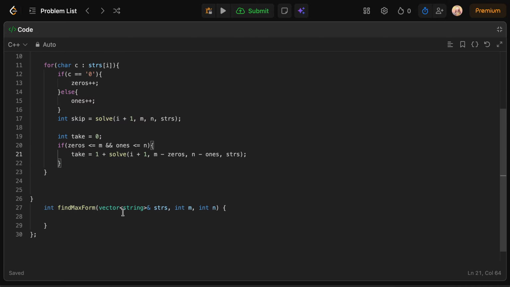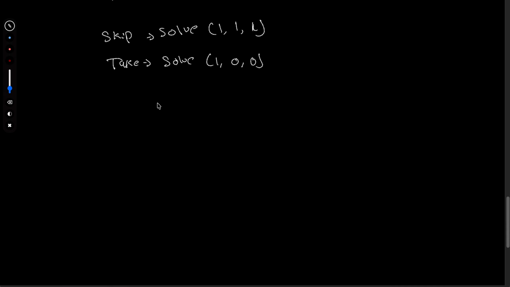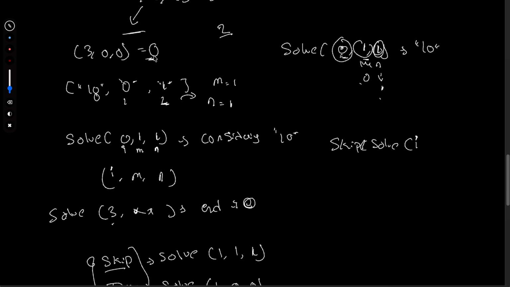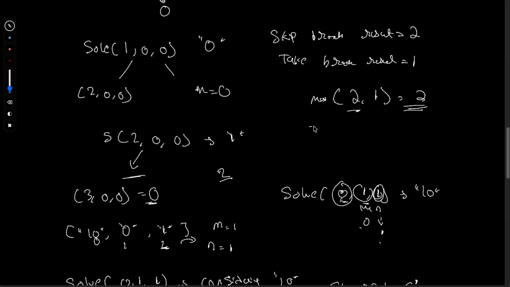We are using plus 1 because we select one string in the tree. Next, the tree always ends with take or skip, and we return the max of these.